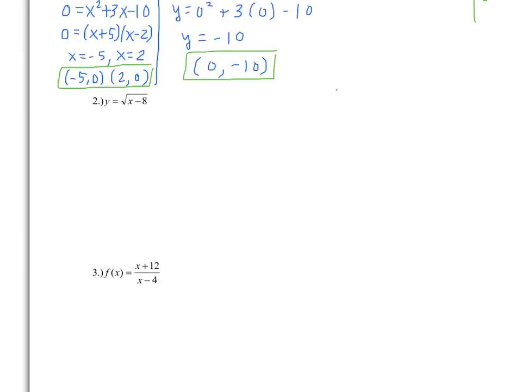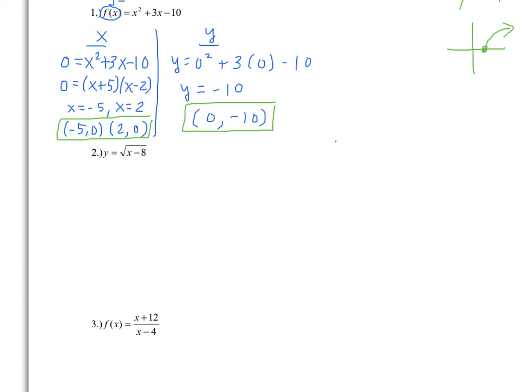We have 2 more examples. Now we have a square root function. So again, just to organize our work, I like to do something like that. So let's find our x-intercept first. Remember, this is where we said you're going to make y 0. So we have x minus 8.